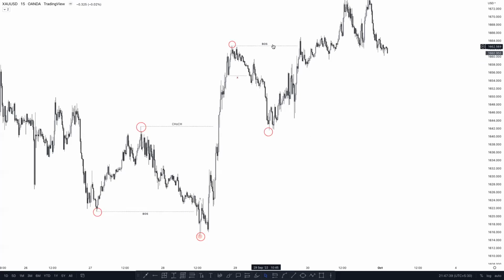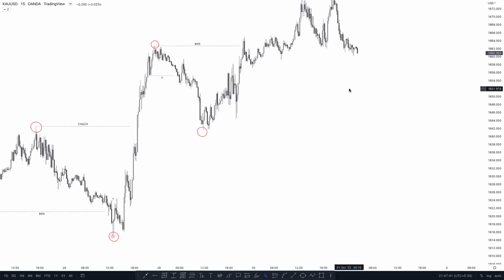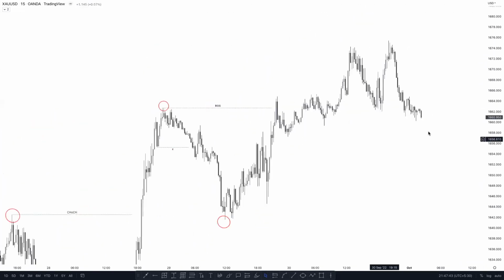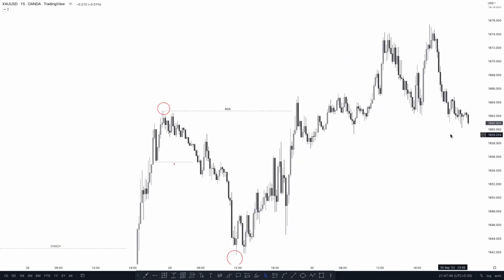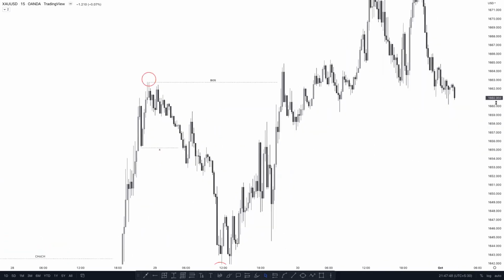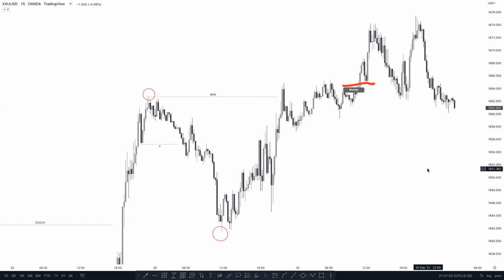Okay. So after breaking the structure, you have to identify where our inducement is. So in this leg, you can see here, look at this picture here. This high breaks this one. Okay. So technically our inducement is here, which is a minor inducement, and major inducement is here, right?